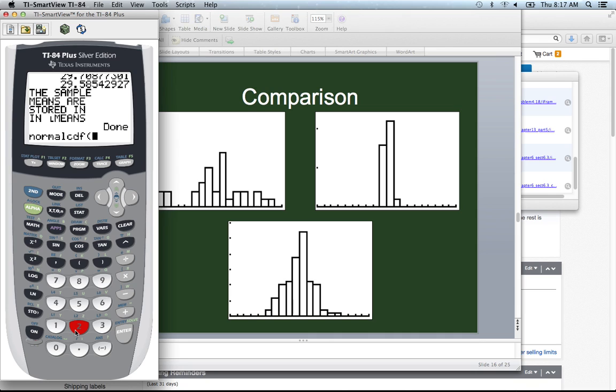Choice 2 is normal CDF, negative E99. So that's second comma E99, really small number. 30.51 was the sample mean. 30 is the population mean. Then I adjust the standard deviation: 5 divided by the square root of 33.